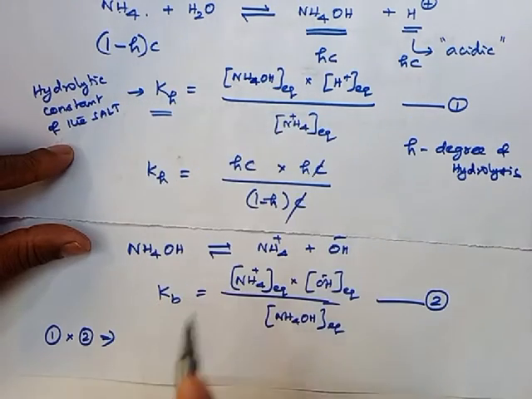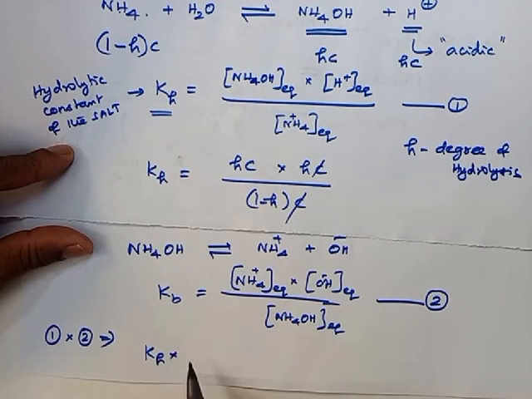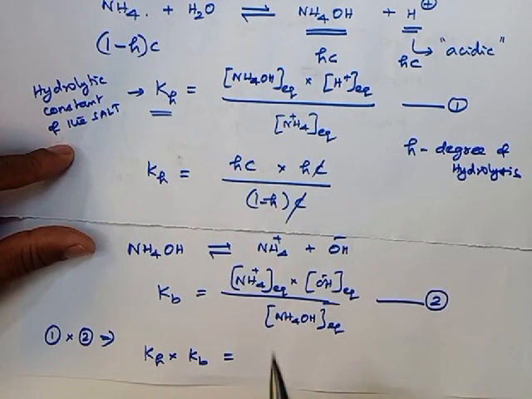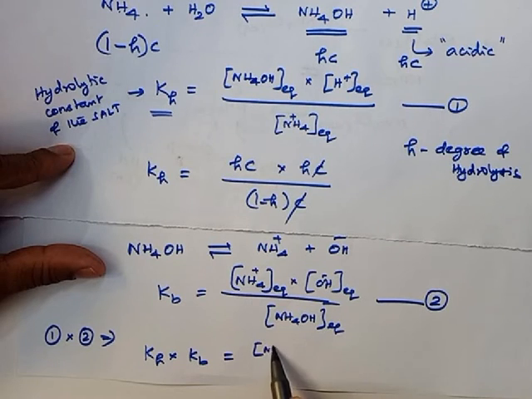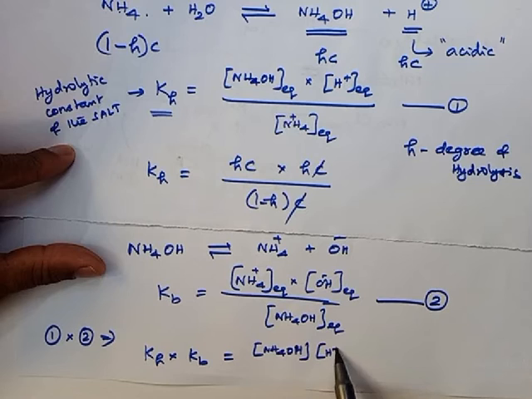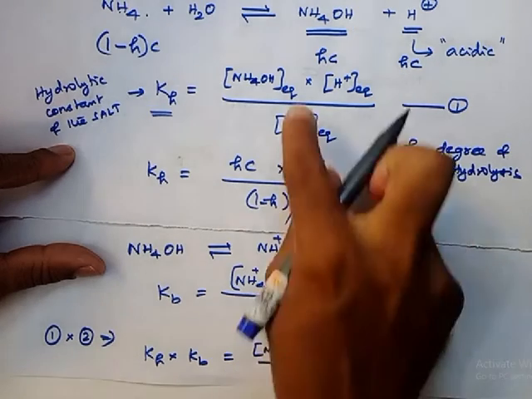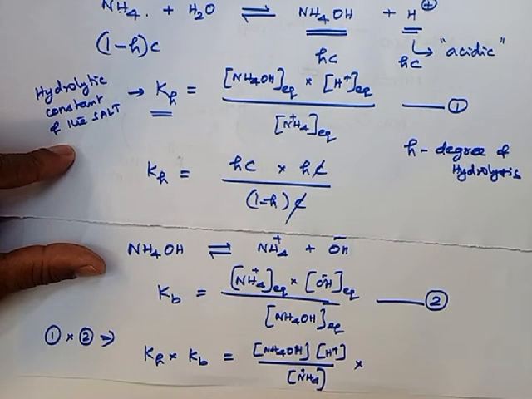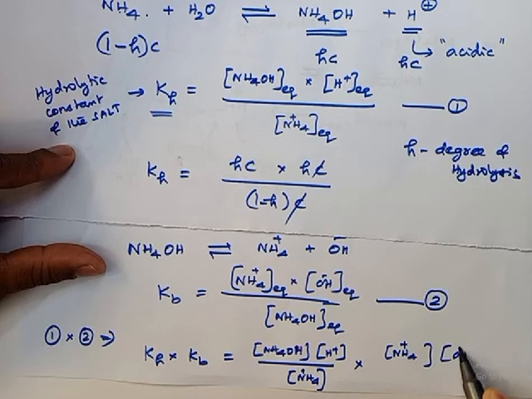If I multiply the left hand sides, I'll get KH into KB equal to, on the right hand side, first the expression ammonium hydroxide into H plus divided by ammonium ion, into the concentration of ammonium ion into hydroxide ion divided by ammonium hydroxide.